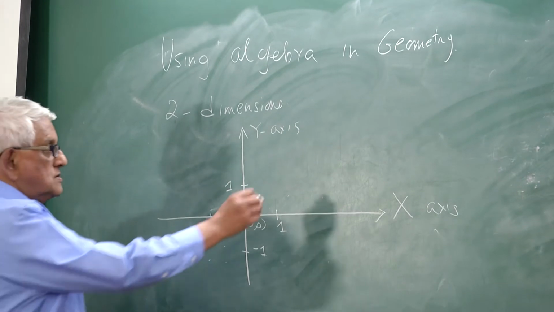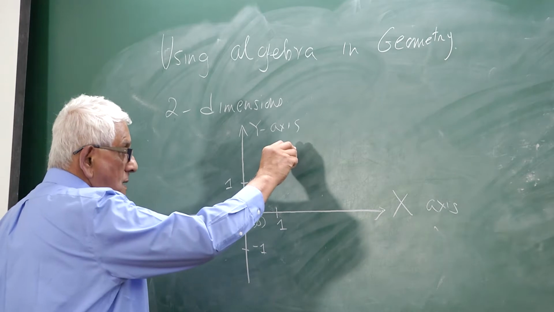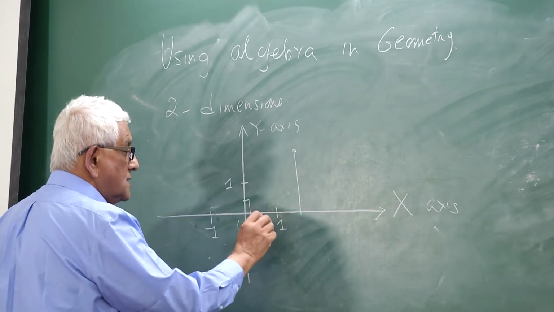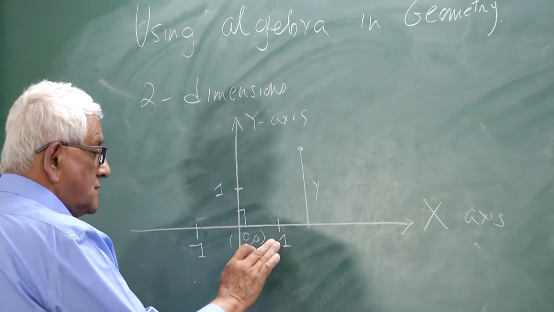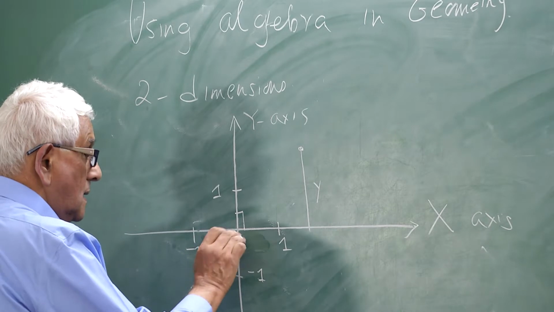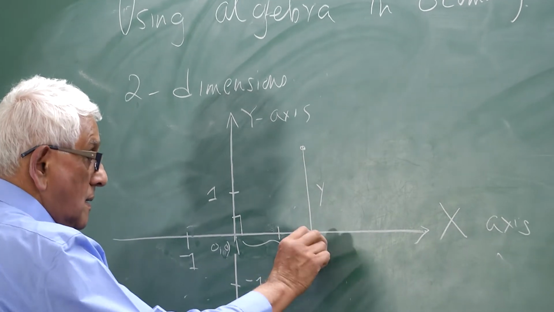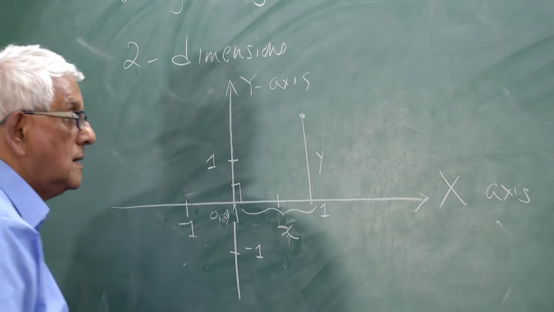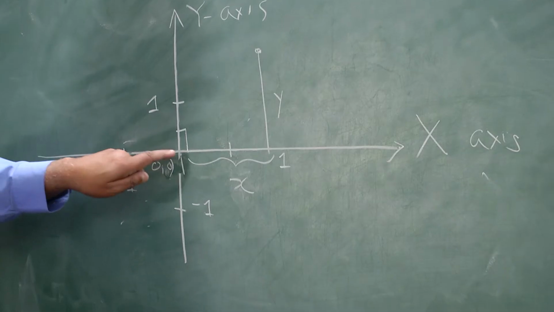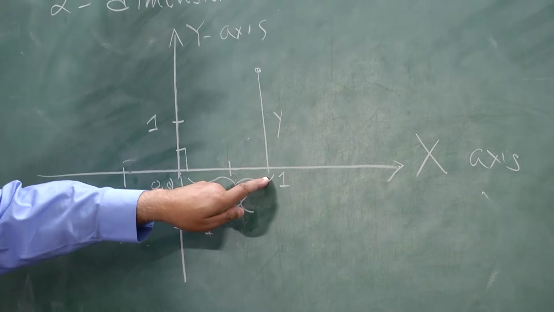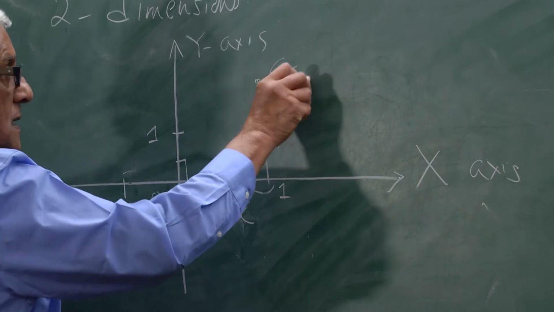And so if I choose a certain point here, then this particular point will have a certain value like this. This is y, and a certain x. So to get to this point, we move along this by so much, x units, and we move up by this much, y units, and I write x and y.